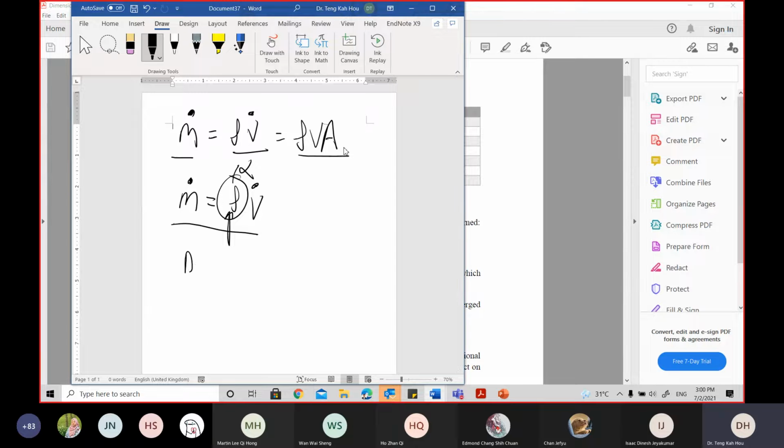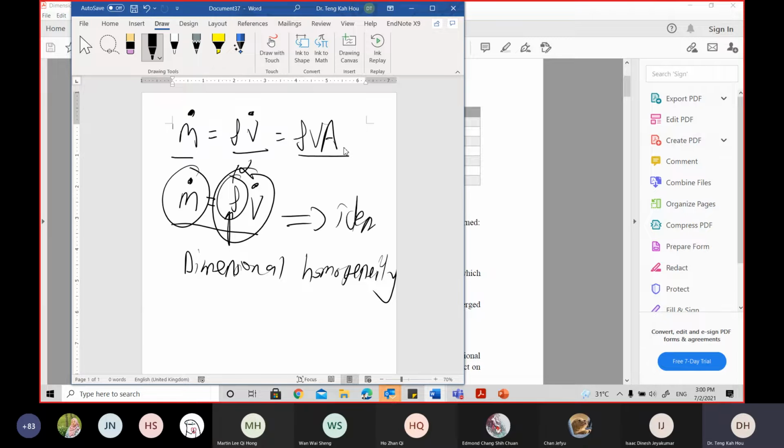But the keyword is, when you talk about dimensional homogeneity, that means here and here should have identical units. What I mean by identical units is that if this is kg per second, here must be kg per second.